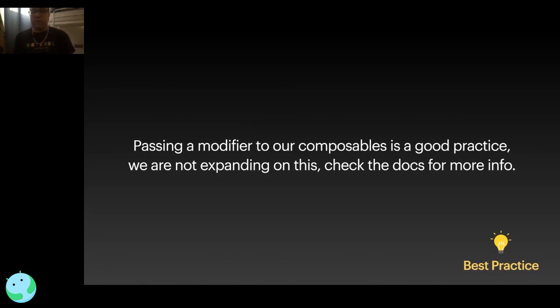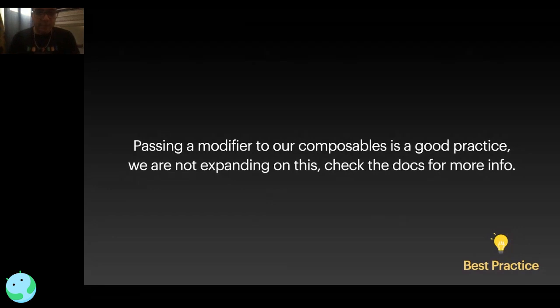If you want to change structural things of your composable, like padding, some sizing, some placing, you don't need to modify the composable, but instead you can pass that information through the modifier. So that's why it's recommended to have a modifier in your composables.